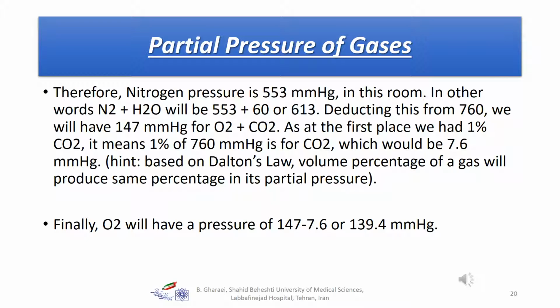As at the first place we had 1% carbon dioxide, it means 1% of 760 millimeters of mercury is for carbon dioxide, which would be 7.6 millimeters of mercury. So finally, oxygen will have a pressure of 147 minus 7.6 or 139.4 millimeters of mercury.